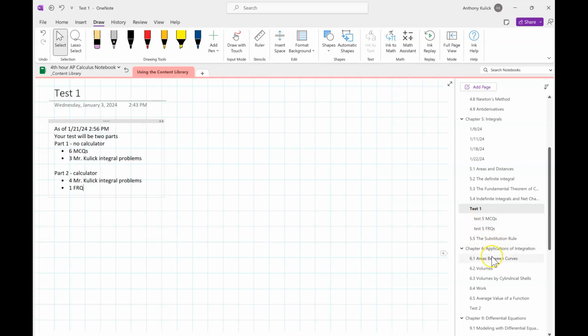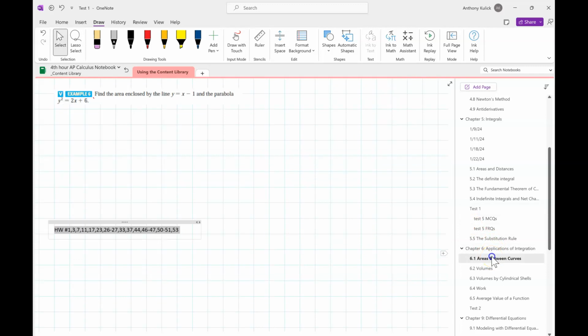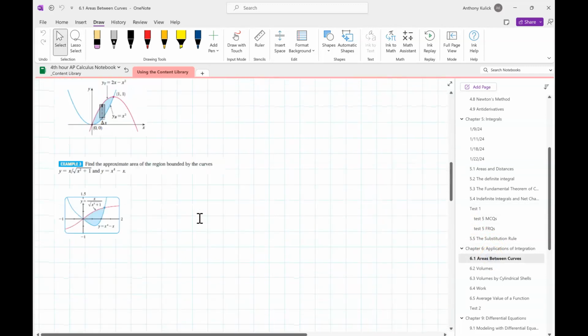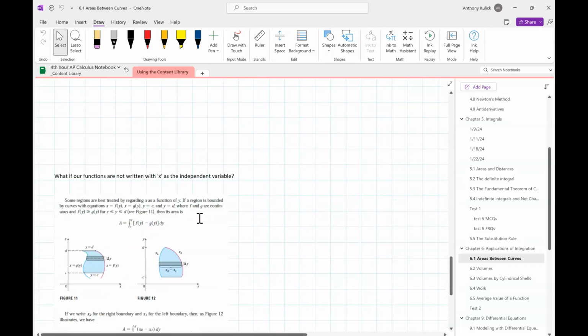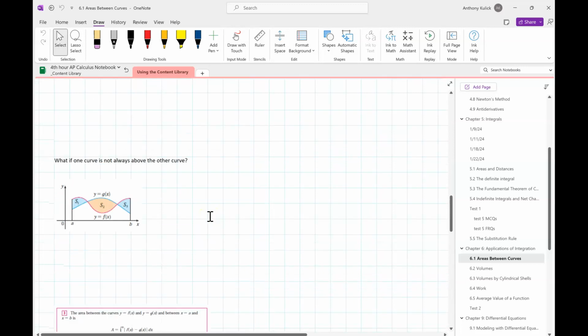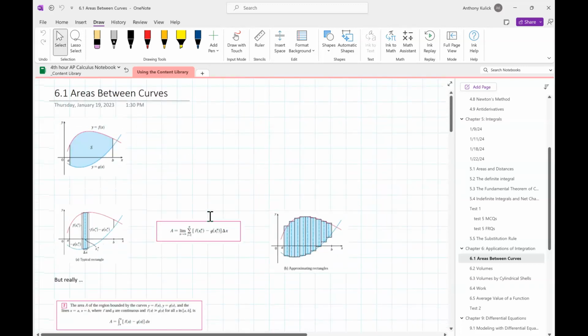Just as a reminder, next time we're going to do 6-1. 6-1 is pretty short. It's just areas. It's just integrals, guys. It's actually pretty easy because you're just looking at the area between two curves, which is not bad.